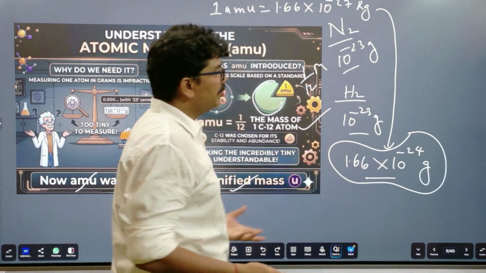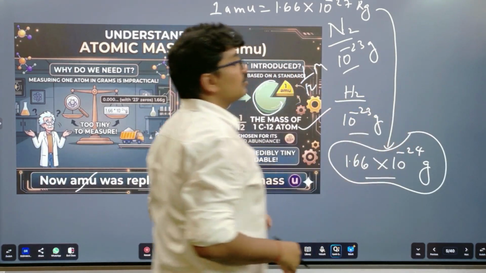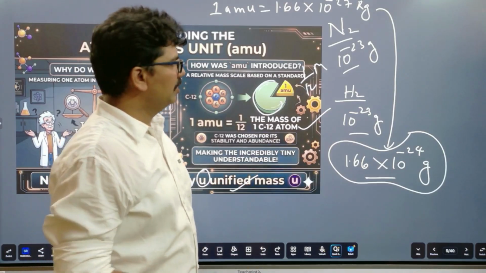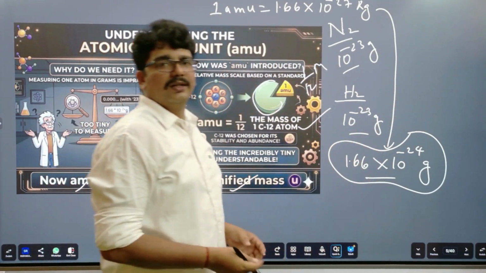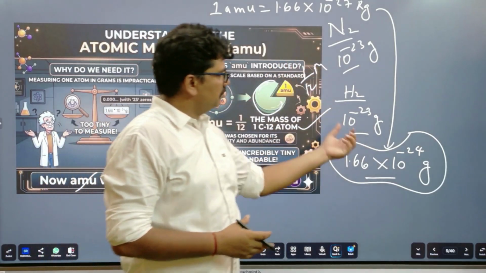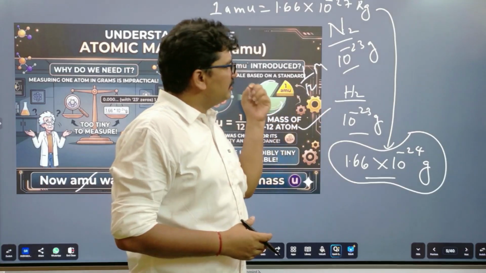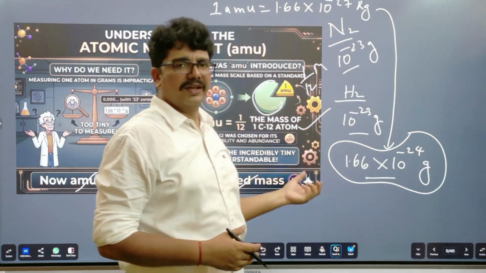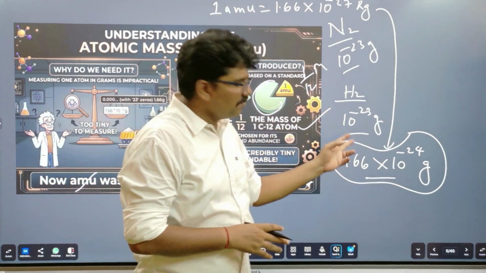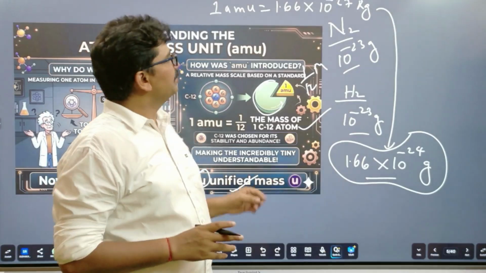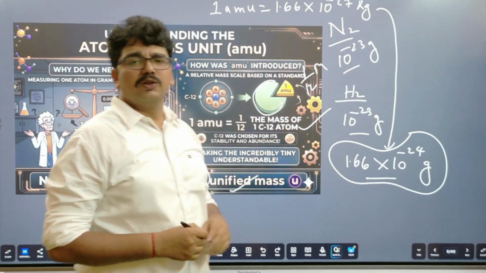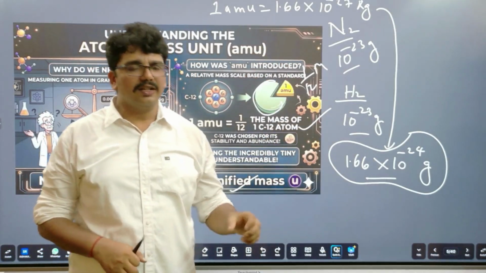If there is no AMU, we have to say 10 power minus 23 grams of nitrogen molecule, or some x into 10 power minus 23 grams of hydrogen molecule. Discussion of such small numbers is very difficult. That's why we are not using these numbers. We are using AMU. So an individual molecule's mass is calculated in terms of AMU.